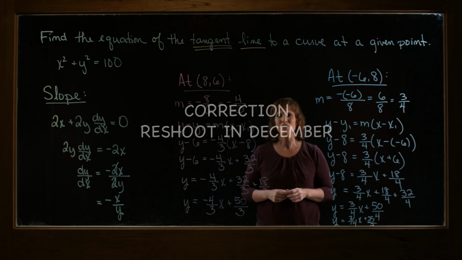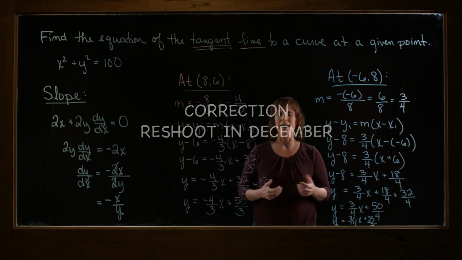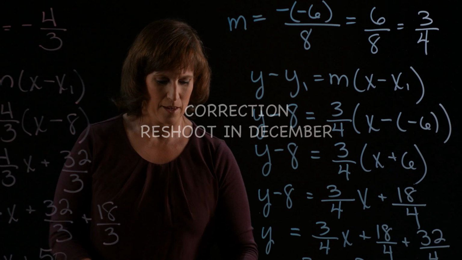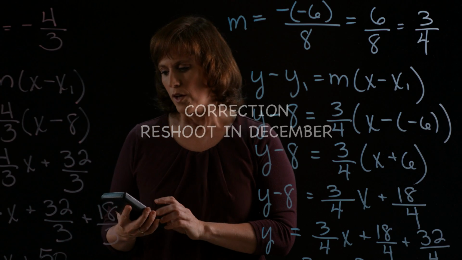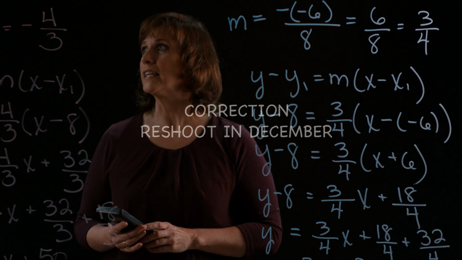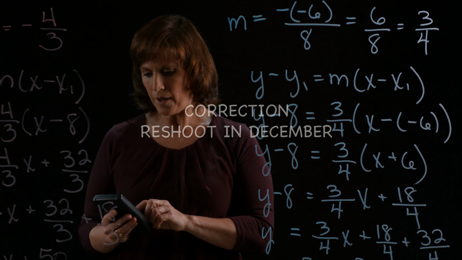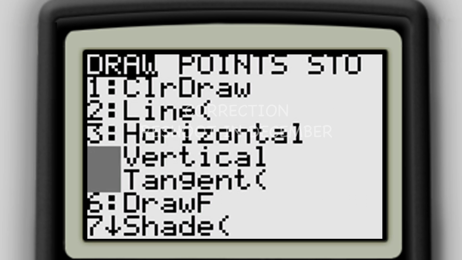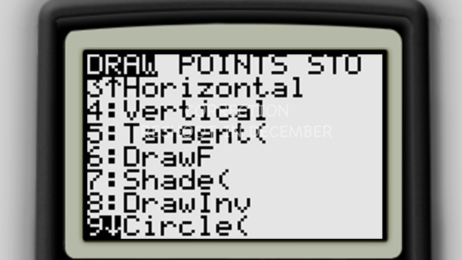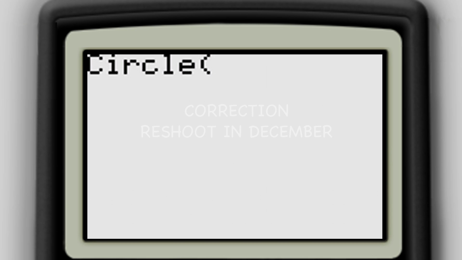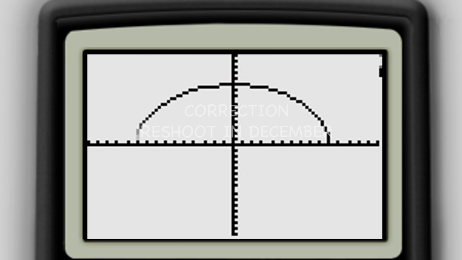At this point, I think we should use our graphing utility to verify and visualize these results. So one thing that's nice about a graphing utility is many of them will allow you to graph a circle. And so if you go into the draw function, you can select a circle with center (0, 0) and radius 10, because that's what our equation indicates that we have.